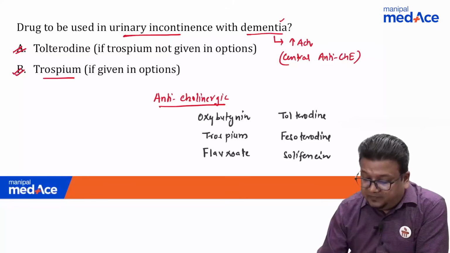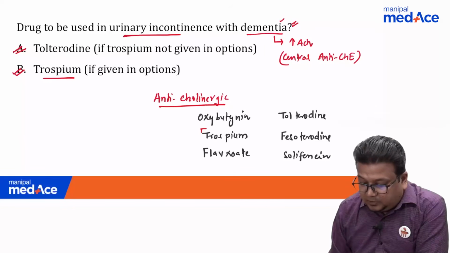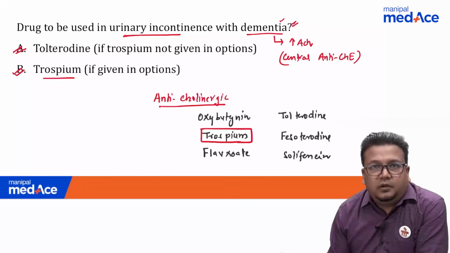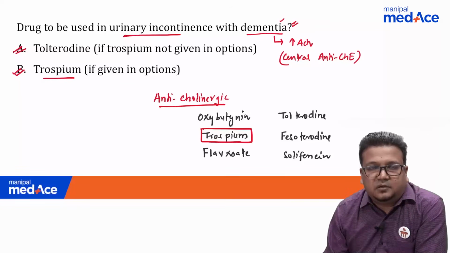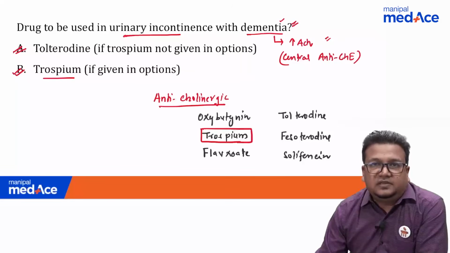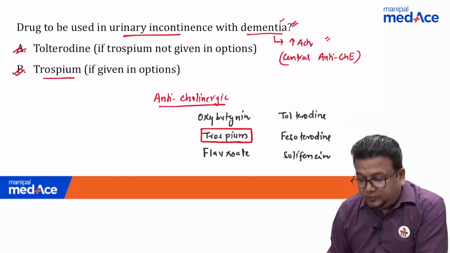But if dementia was also given, then we are going to use trospium, because trospium does not cross the blood-brain barrier and therefore will not oppose action of acetylcholine in the CNS and will not worsen the dementia of Alzheimer's disease. So that's the concept, and I'm sure you would have marked the correct answer.